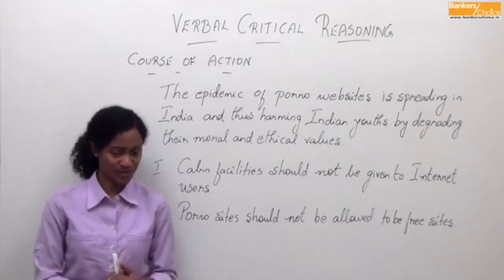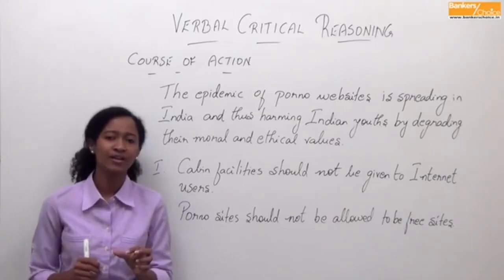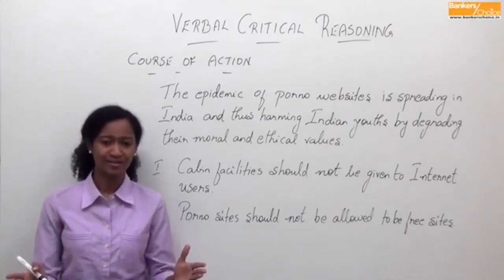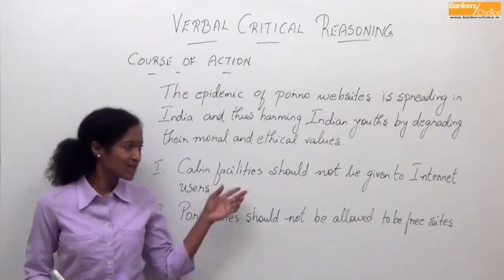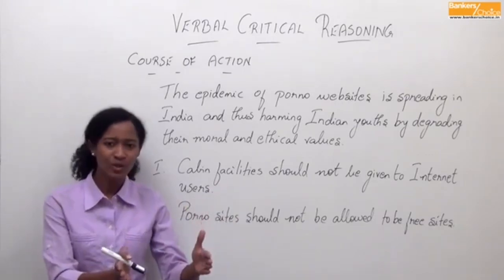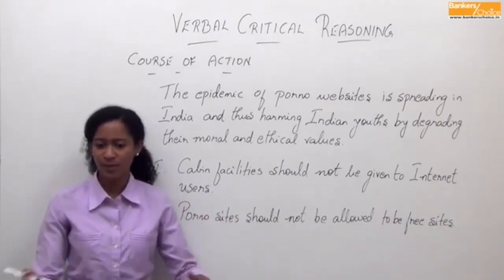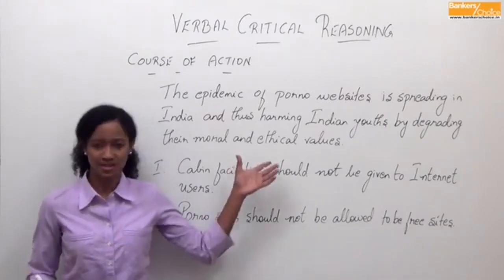Like in closed rooms. But it is less likely for me to do something wrong when I'm open to public. Public can see me and they can judge me. So I wouldn't do that. So this seems like a logical plan, right? When I don't give you a secluded cabin, which means people sitting next to you can see what sites you're opening, less likely that you would open this site.